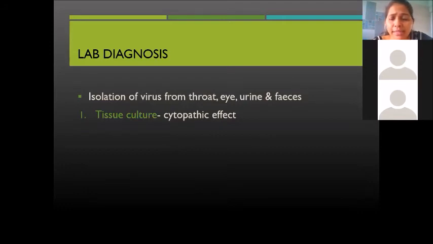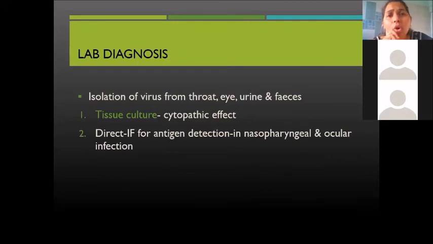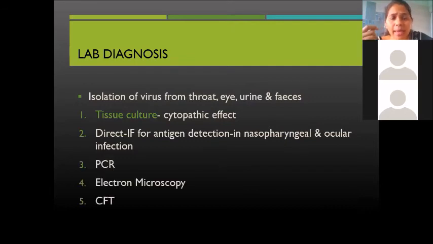What do you see in the cytopathic effect for adenovirus? The cells would be round and present in clusters. Or if you make smears, then direct immunofluorescence testing can be done for nasopharyngeal swab or ocular swab. Or then we have PCR, then electron microscopy, and complement fixation test, which nobody does nowadays.